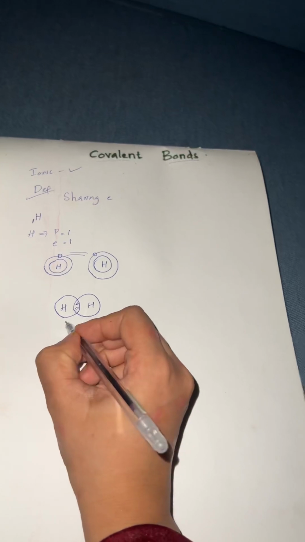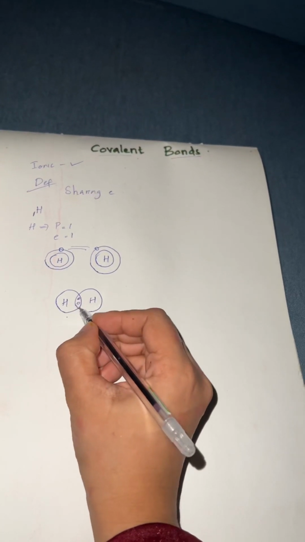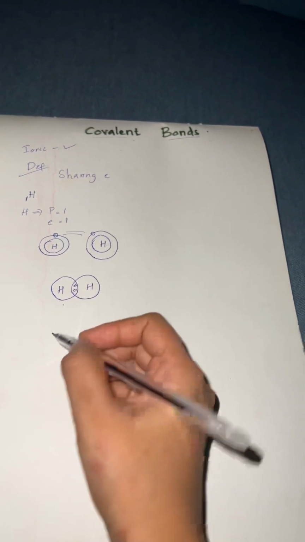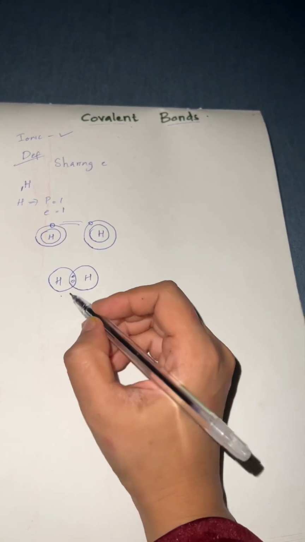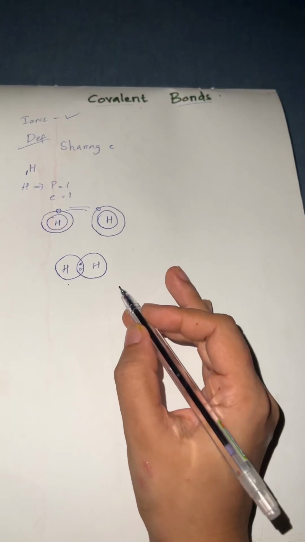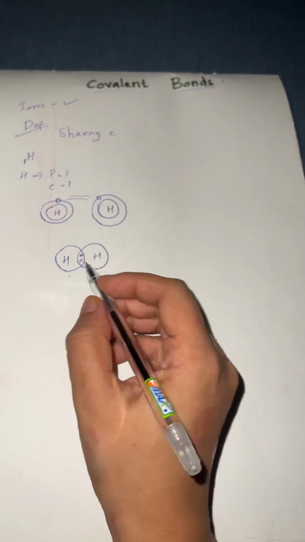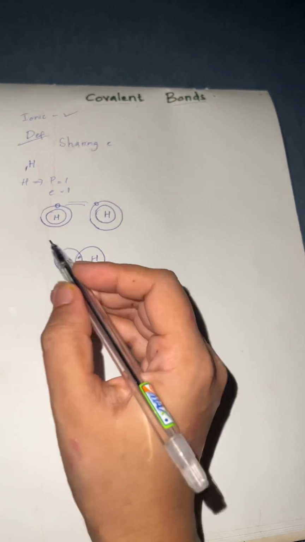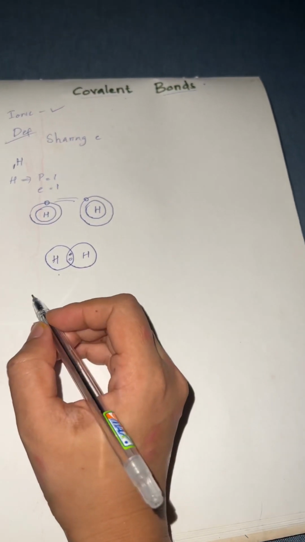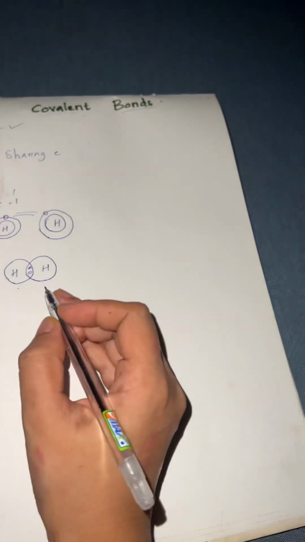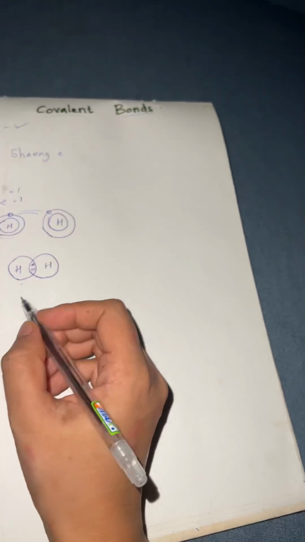Now this hydrogen has 2 electrons in its outermost shell, and at the same time this one also has 2 electrons in the outermost shell. So by sharing electrons they attain a complete orbital level, and that gives them more stability.